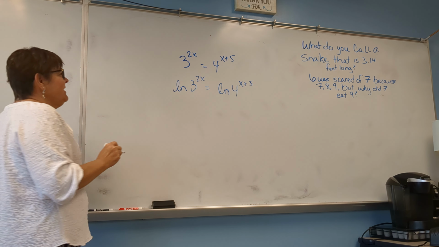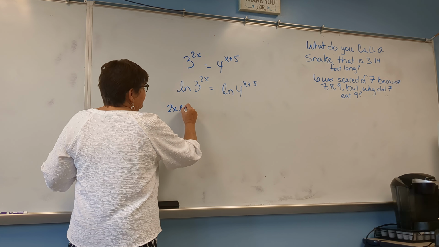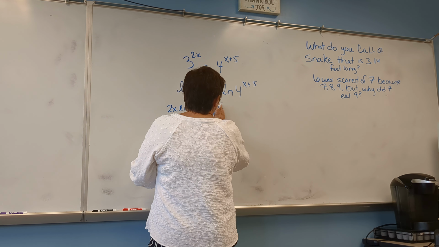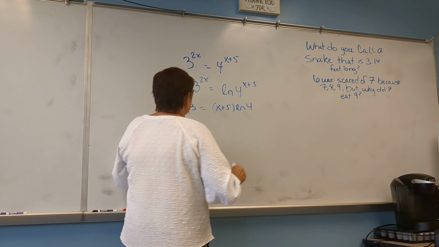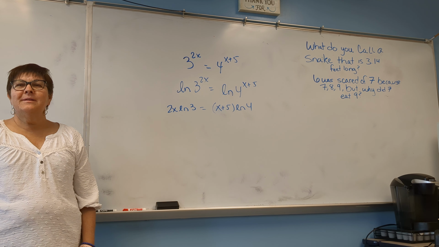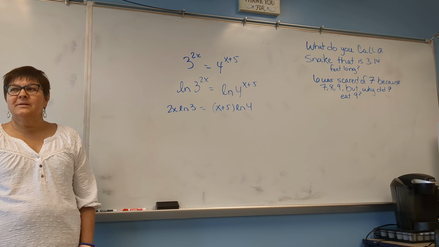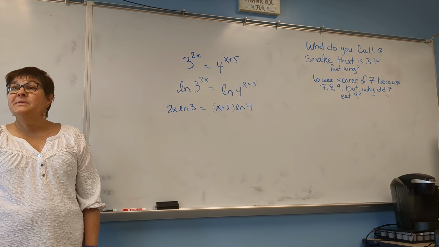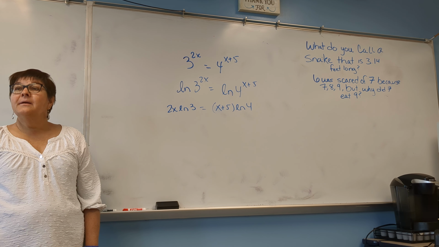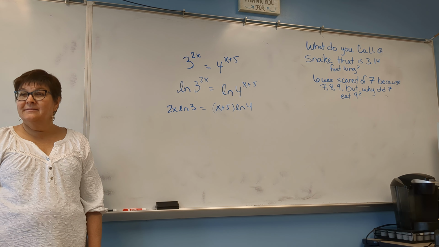So we're going to take the 2x and bring it to the front, and the x plus 5 and bring that to the front. I put parentheses around it. How do we solve for x? Would you distribute? Bring your x's off one side.